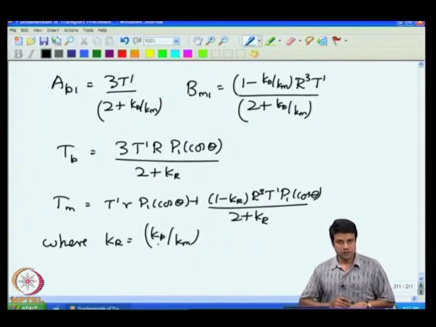So, these are the solutions that we get for the temperature fields in the particle and the matrix.